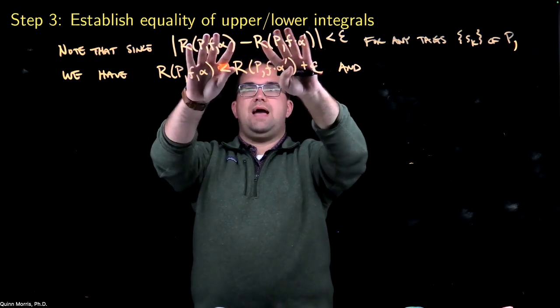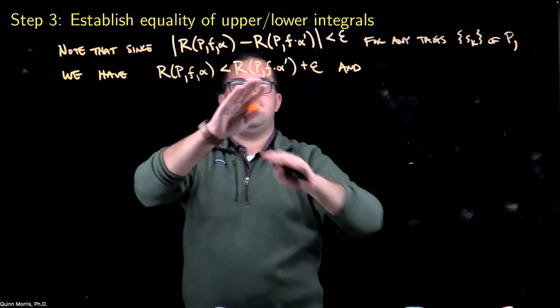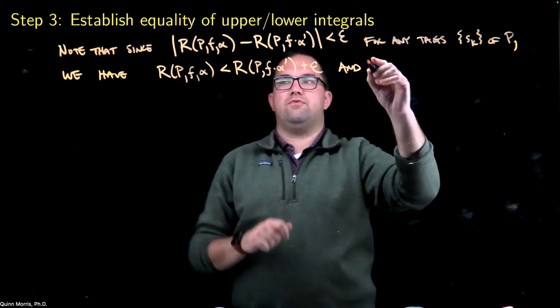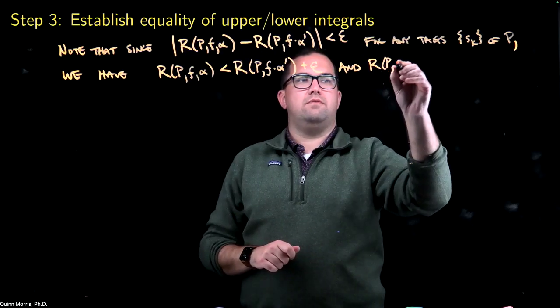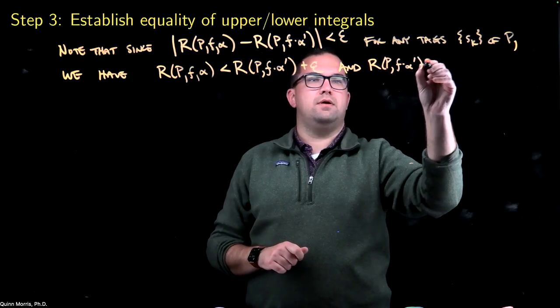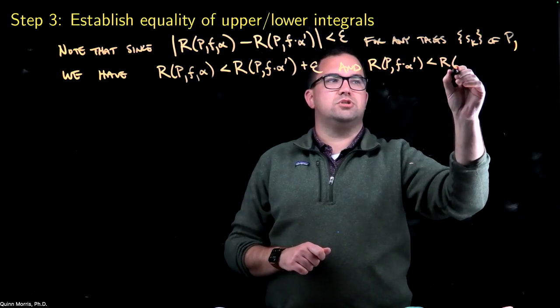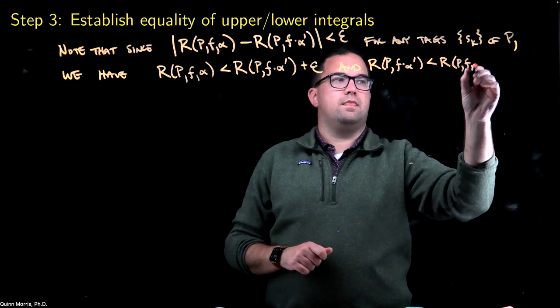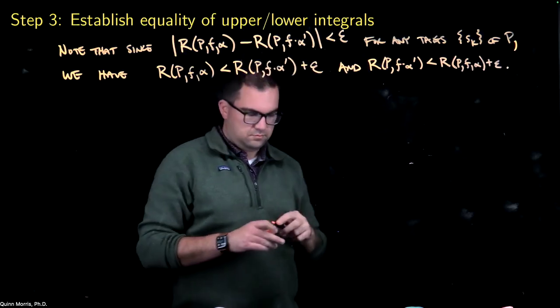And if this quantity happens to be negative inside, then the absolute value would just flip the order, and then you would move this over, so you would get that the Riemann sum of F times alpha prime is less than the Riemann-Stieltjes sum of F with respect to alpha plus epsilon.